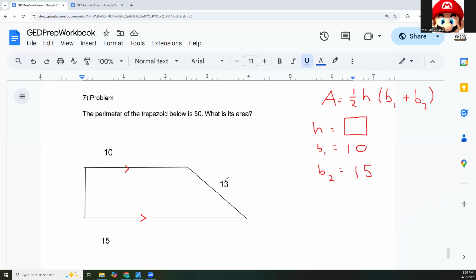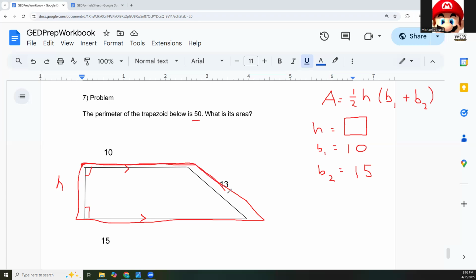All right, so I need to know what this is because this is at a right angle to my bases. So if I figure out what this length is, I can plug in my H. And it's telling me that the perimeter is 50. Well, what's perimeter? If I'm a little ant and I want to walk all around this diagram, perimeter is the length that I would have walked. And if the whole thing is 50, well, if I'm here, I've already gone 10.